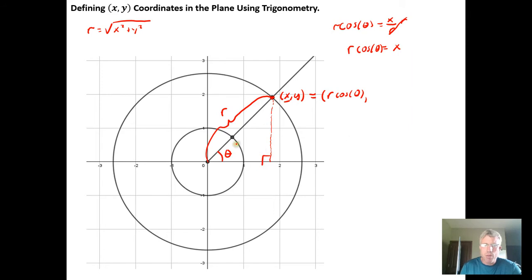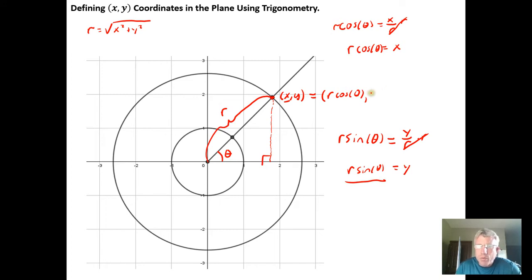We can say, hey, the y coordinate has been used in the definition of the sine function. We know that the sine of an angle theta has been defined to be the height of the side opposite the reference angle, the signed height, or the y coordinate, divided by the radius. And if we multiply both sides by the radius, we get that y is just equal to the radius times the sine of the angle theta, r sine theta.